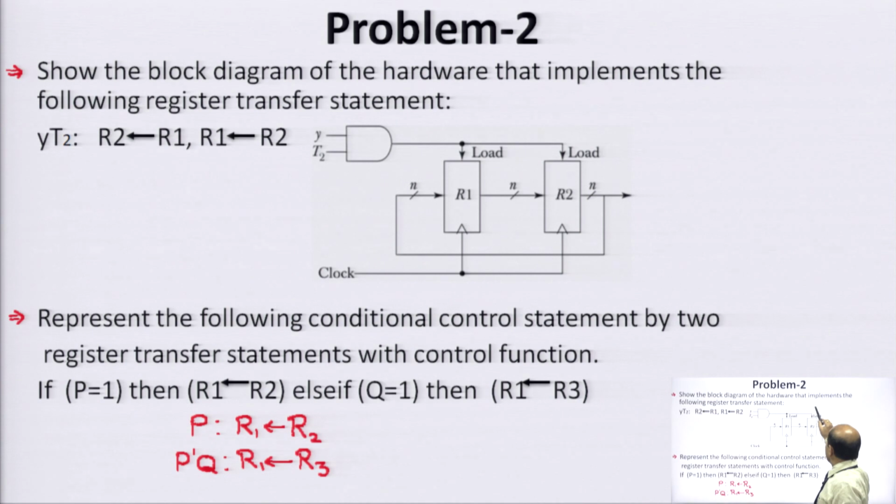Whenever this control is 1, the R2 content will be transferred to R1, and both the registers are synchronized using a common clock, because in your computer system all the components are synchronized through a common clock. So, that is why the clock is connected with both the registers. Whenever these two values are 1, the output of this gate will be 1, and this load signal will be enabled. In the same common clock cycle, the content of R1 will be transferred to R2.